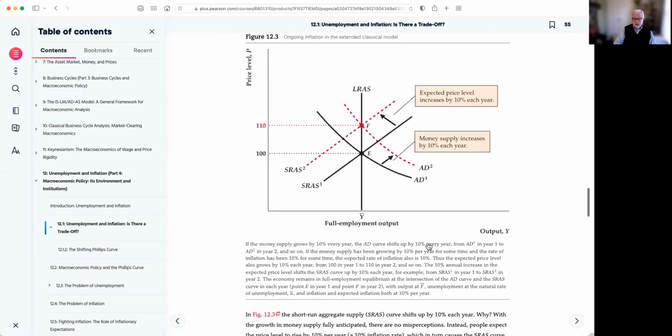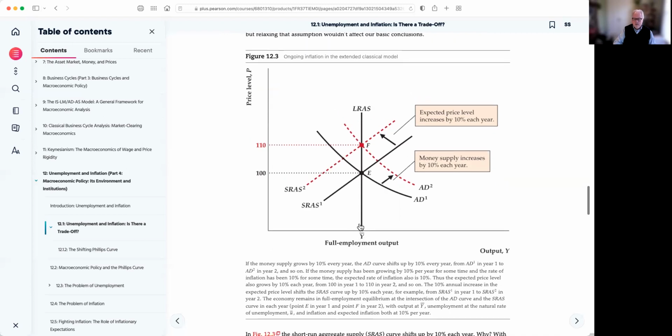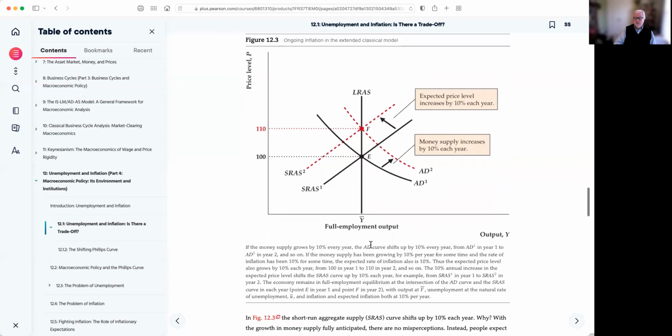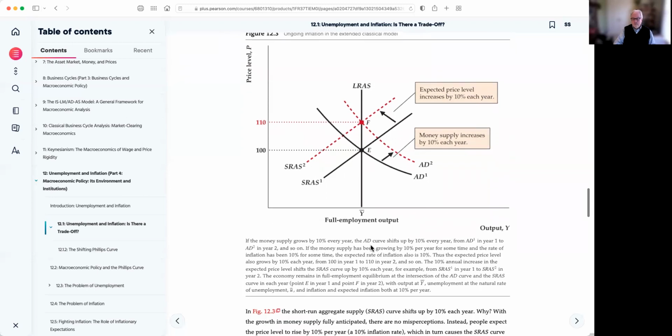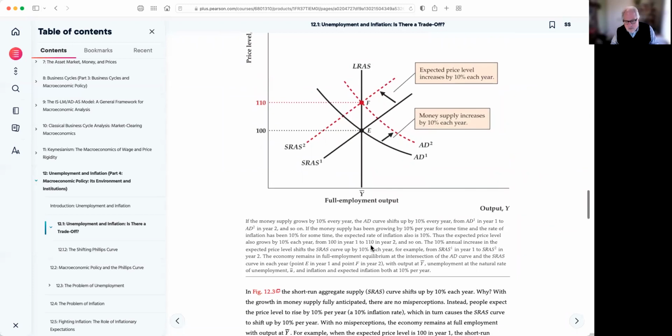So no impact on full employment output, or the unemployment rate. You'd stay at full employment, even though aggregate demand was being pushed out, in this case, through monetary policy. But one could perhaps say the same thing for fiscal policy. In other words, changes in aggregate demand really didn't have a big impact on the economy in that case.